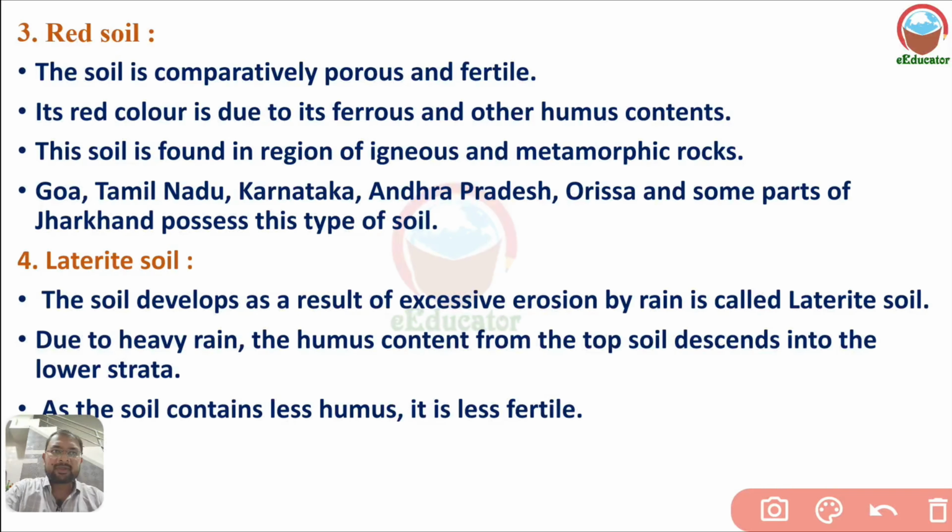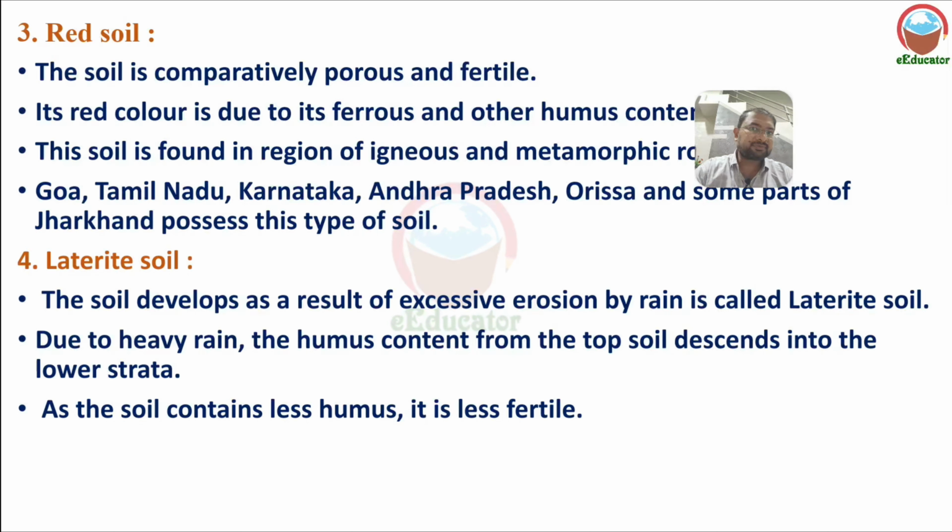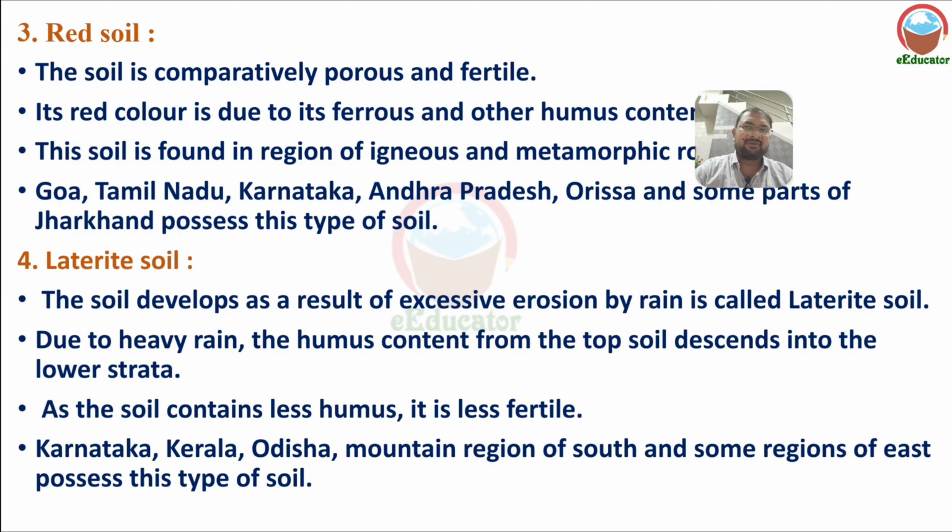Because of heavy erosion and rain, the humus in the upper layer of the surface is eroded and transferred deeper into the lower strata, and the fertile soil on top also gets washed away. The soil contains less humus, so it is less fertile. Karnataka, Kerala, Odisha, mountain regions of the south and some regions of the east possess this type of soil.